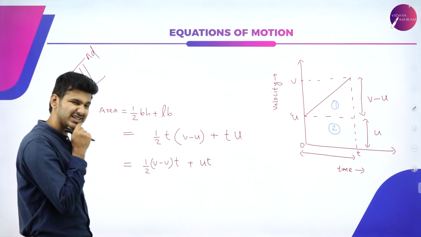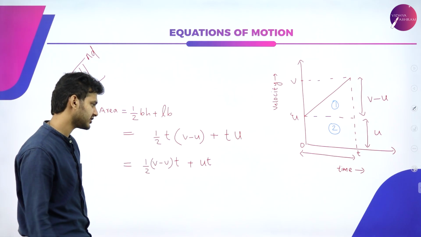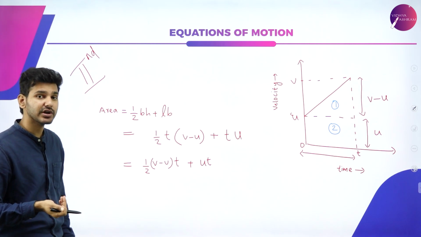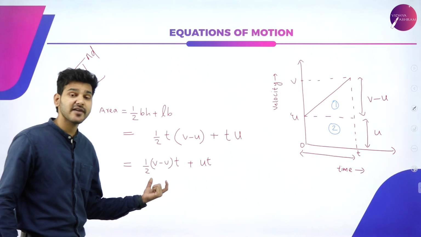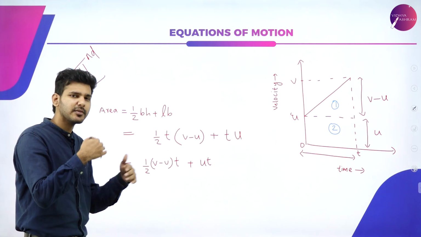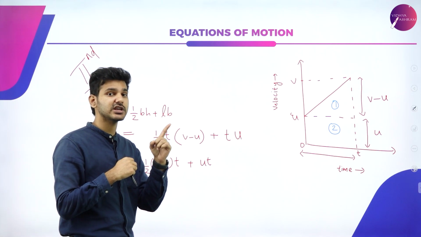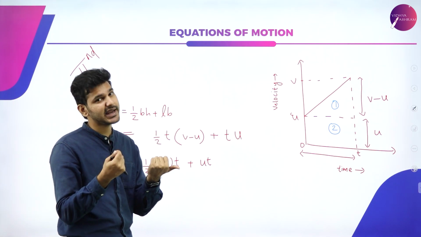But this doesn't look so good because there are 2 terms of initial velocity, 2 terms of time. It is not looking that good. So I'm going to rearrange this equation a little bit. Here I have a v minus u. Now, if you remember a few minutes backwards, we already proved the first equation of motion. That particular equation was u plus at.